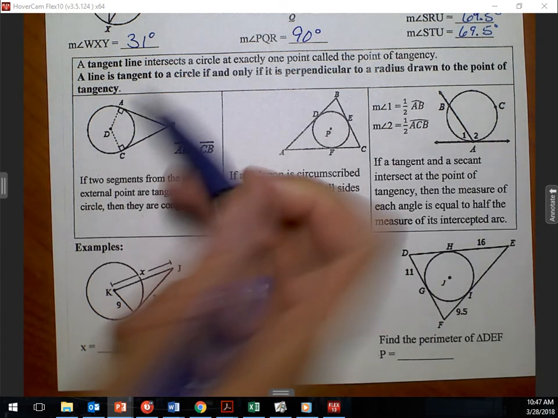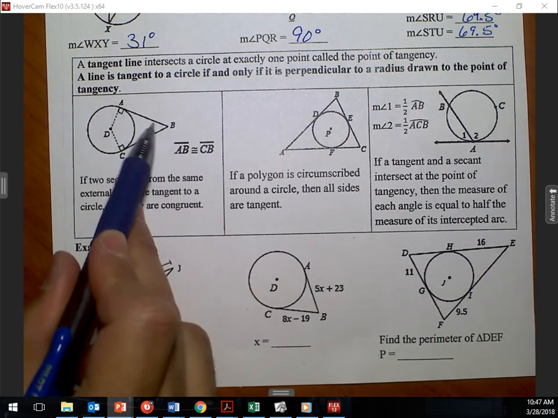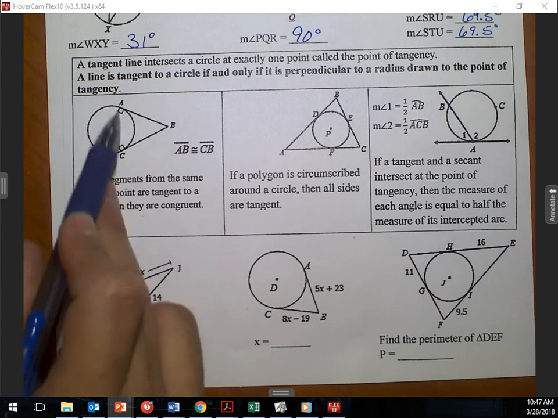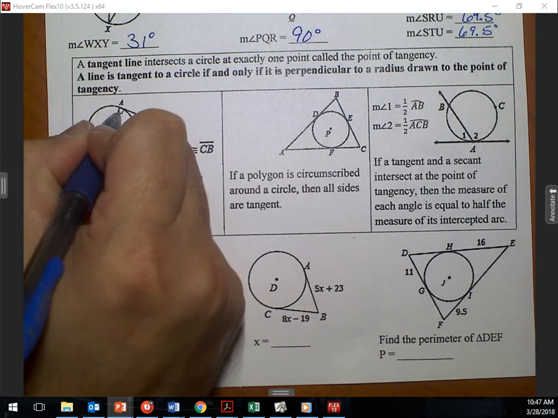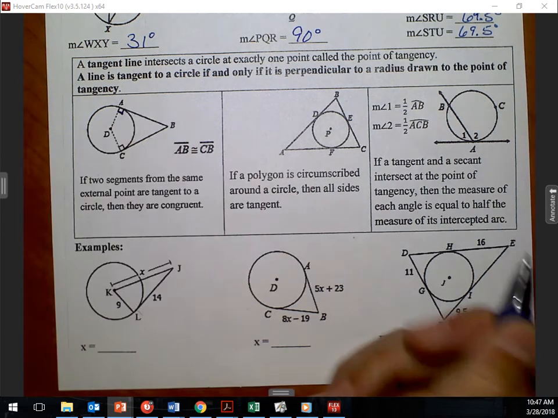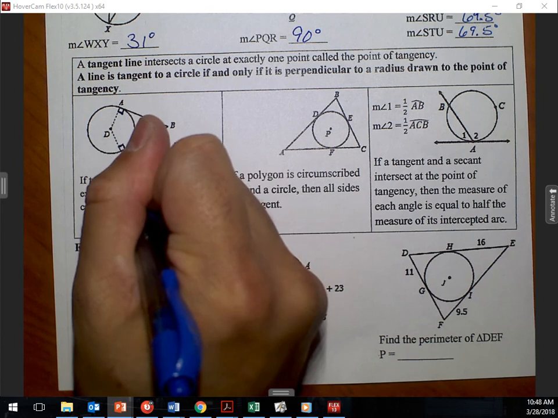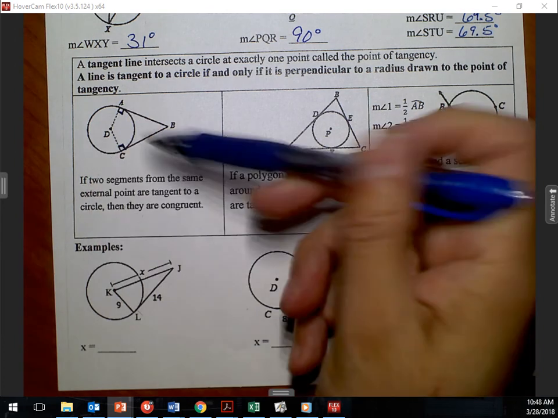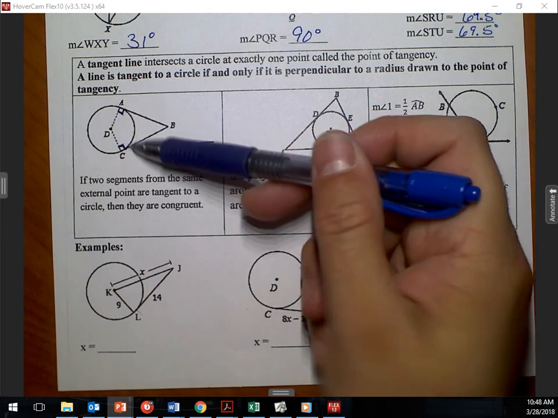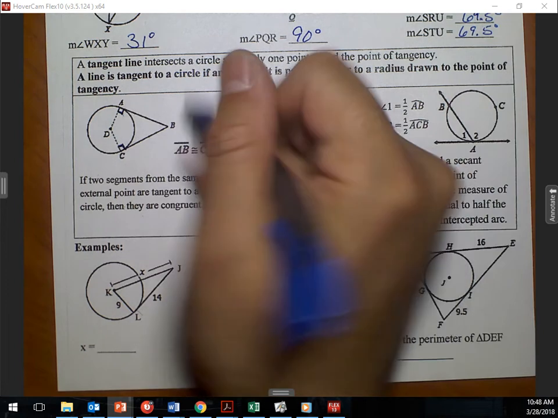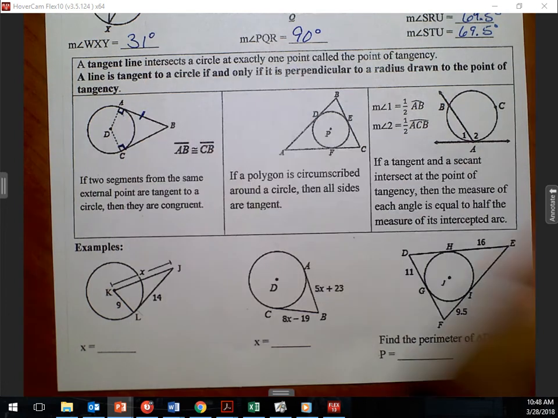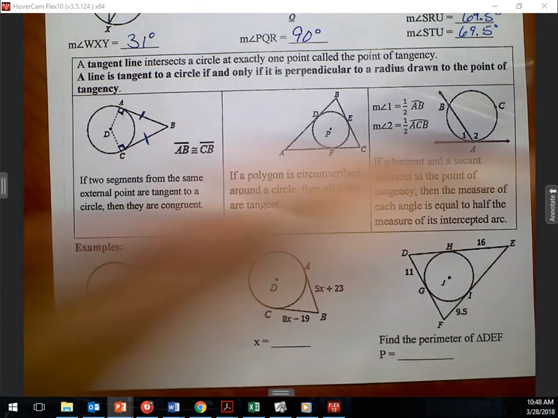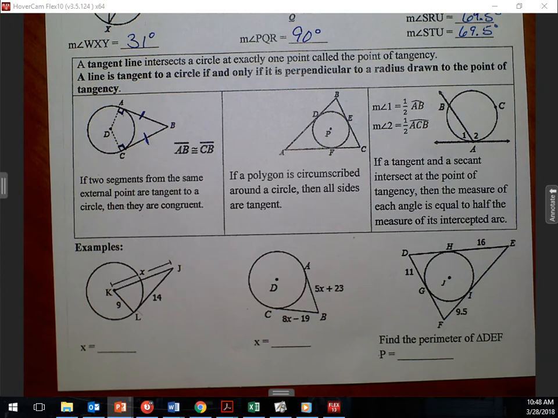So what it means is, if AB is my tangent line, A is a point of tangency, and there is going to be a right angle there. The same thing goes for this one right here. So if I have right angles like this, I know that AB is going to be congruent to CB. It always works out like this, every single time.